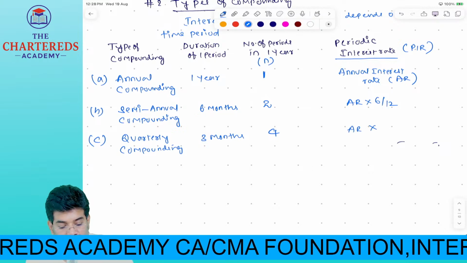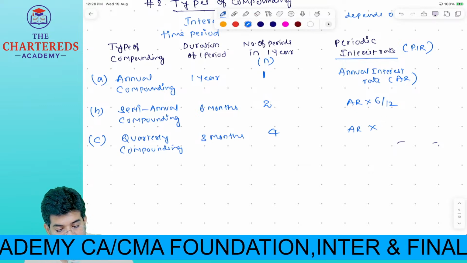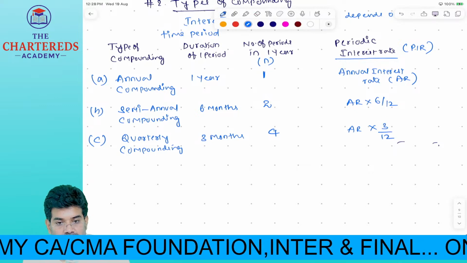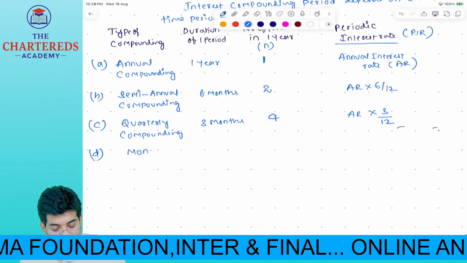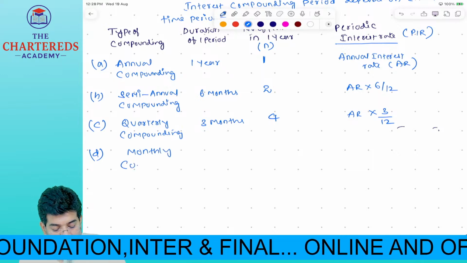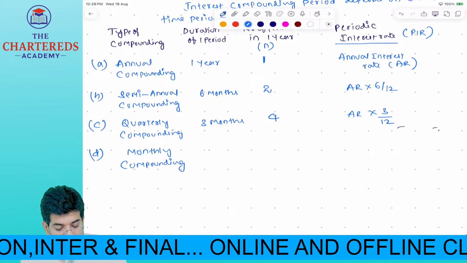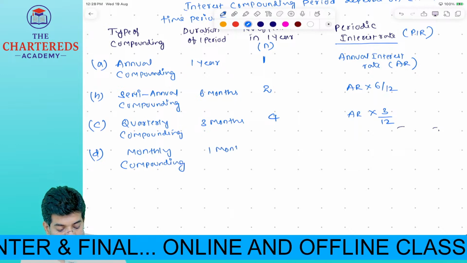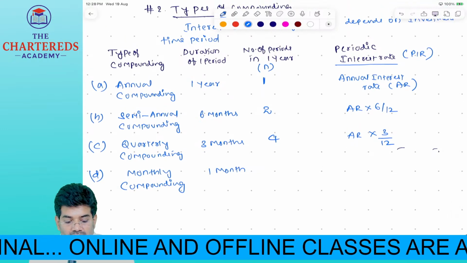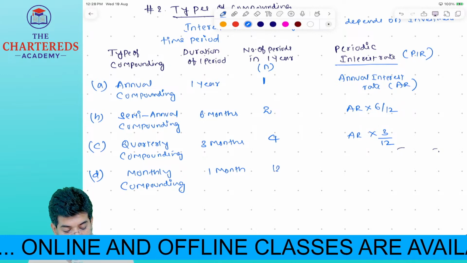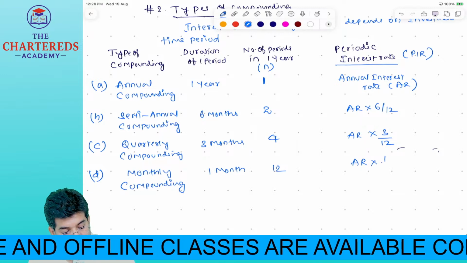Annual rate into 3/12. Monthly compounding: 1 month. How many 1 month periods will you have in a year? 12. So the annual rate of interest into 1/12.